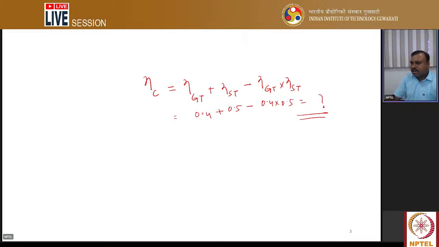So maybe I will take this for expansion, and I will derive how we can calculate the top loss coefficient, bottom loss coefficient, and side loss coefficient. And finally, we can find out what the overall loss coefficient is.